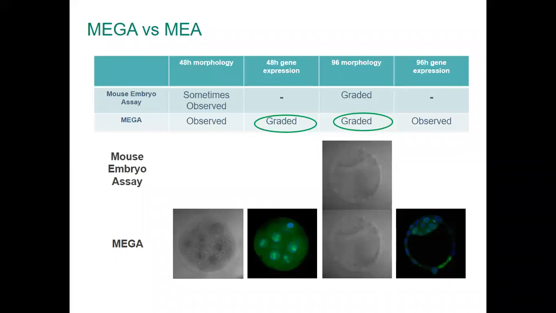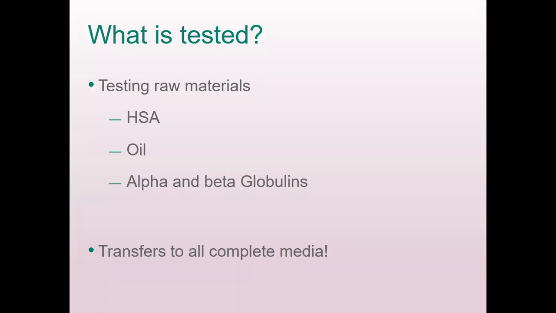And at 96 hours, we will grade the morphology as always, and we also will check the gene expression. So by combining the morphology and gene expression, as a QC method, MEGA is much more effective than normal MEA.